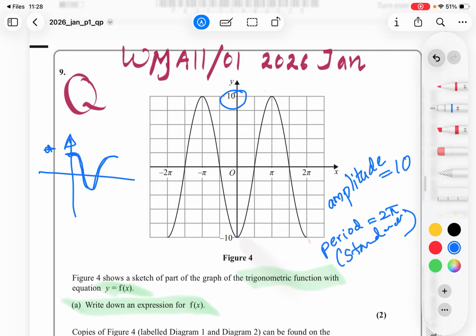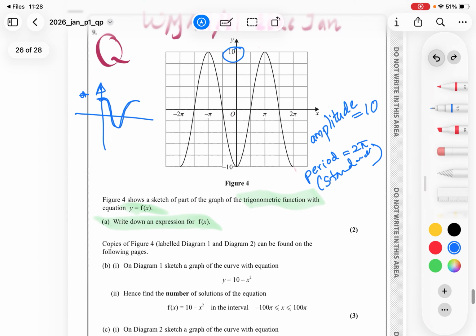But if we notice here, it has gone from down to up and come here. So by looking at this, we can say this is the flipped cosine curve. Flipped means we have to multiply it by a negative value.